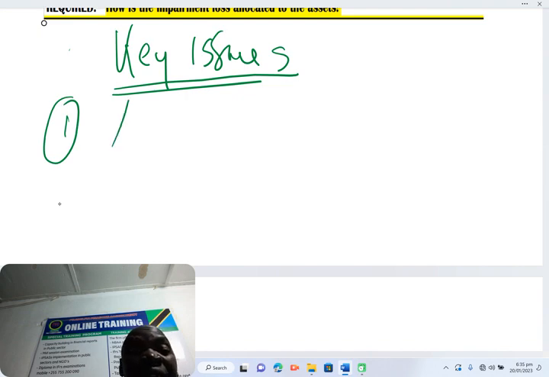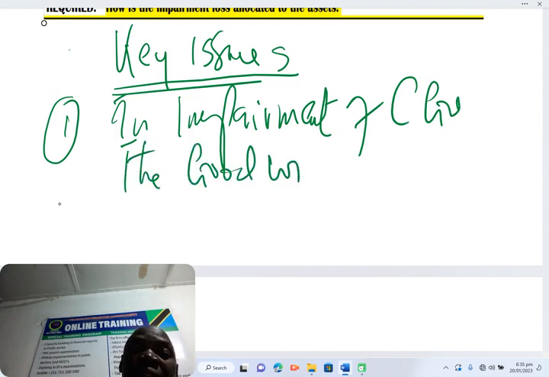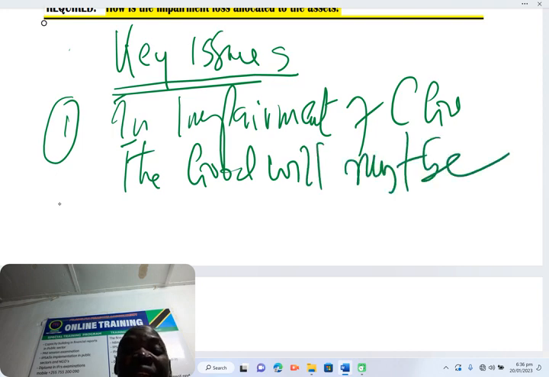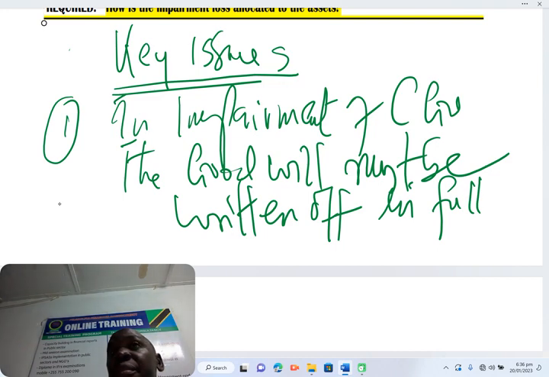Number one, I said, in impairment of a CGU, the goodwill must be written off in full, and it is given first priority. You get the point? It must first be written off in full.